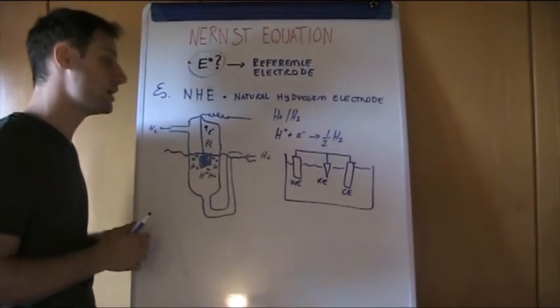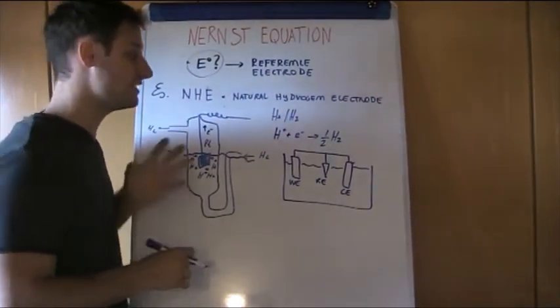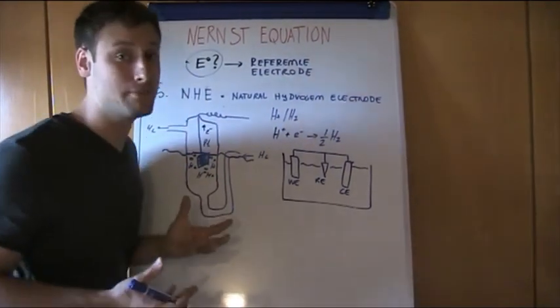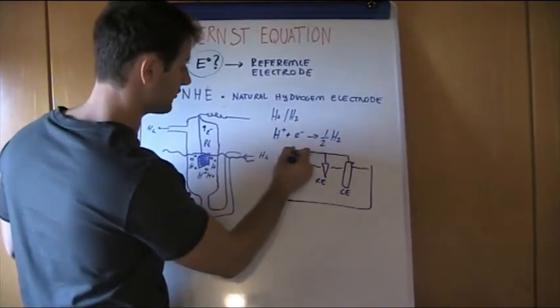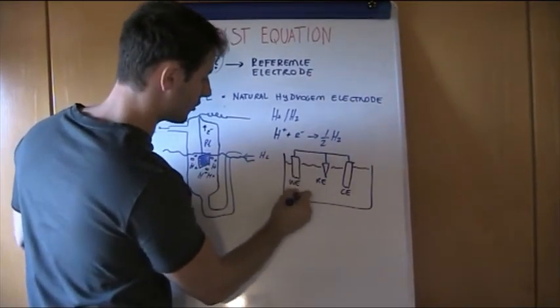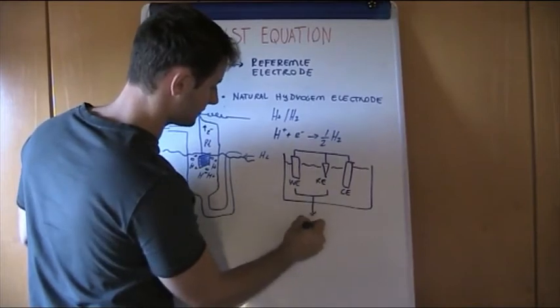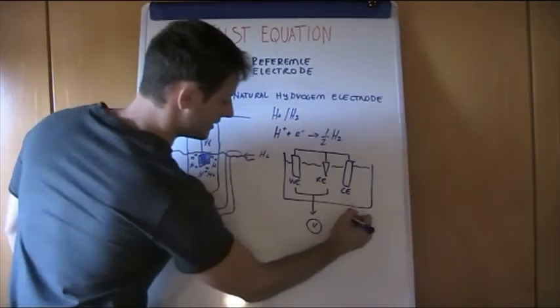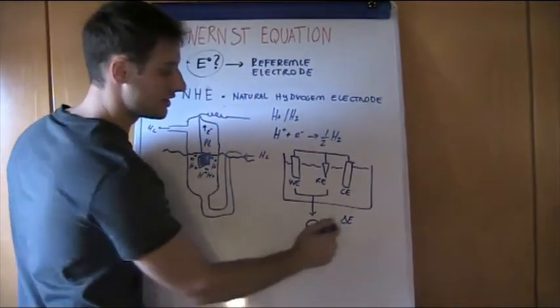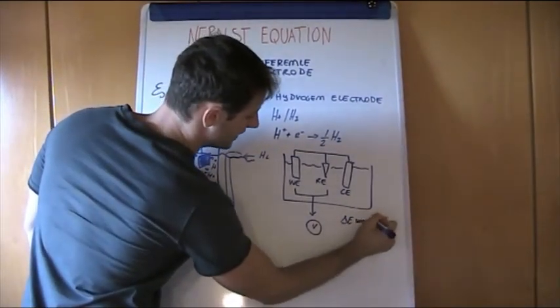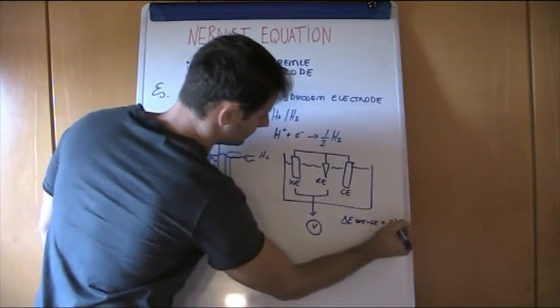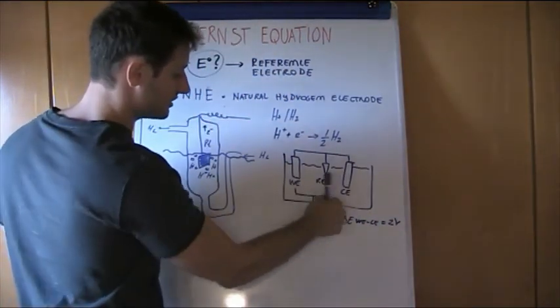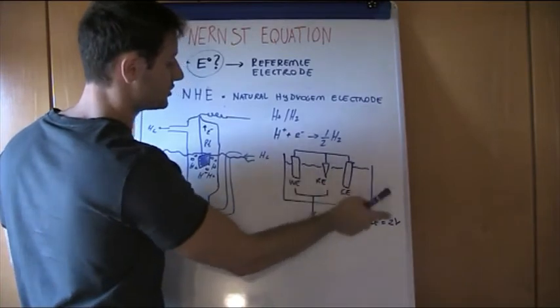But what we can do is measure a potential difference, maybe between the working electrode and the reference electrode. Remembering the previous situation, the potential difference between the working electrode and the counter electrode is 2 volts.